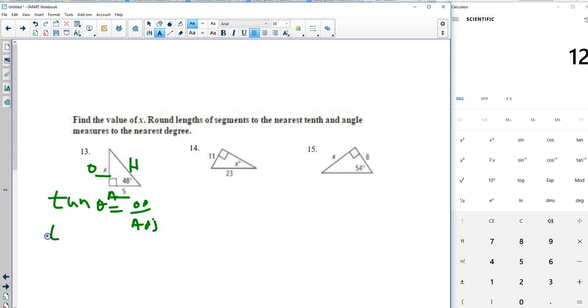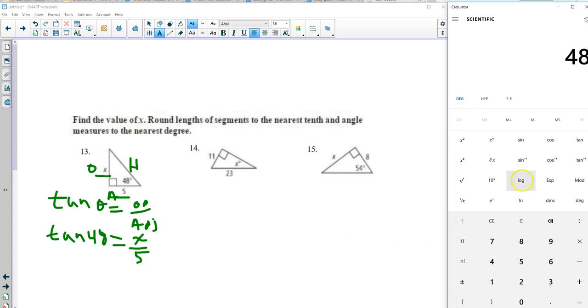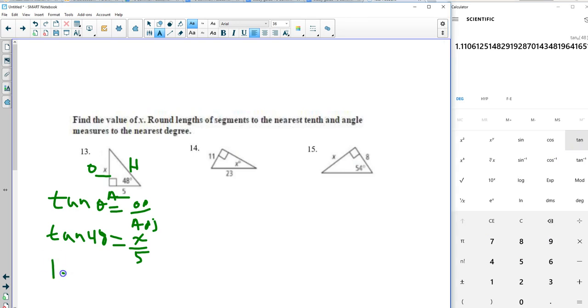So tangent 48 is equal to x over 5. So tangent of 48 is 1.1106, which is equal to x over 5. Multiply both sides by 5.